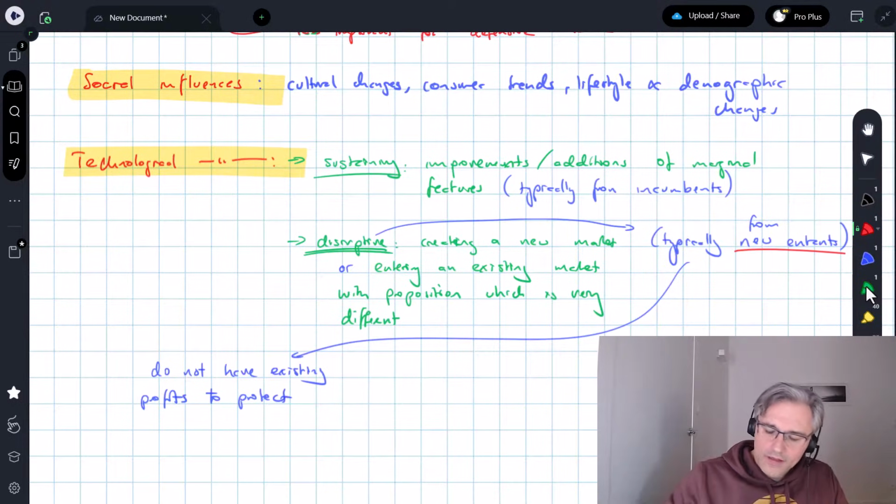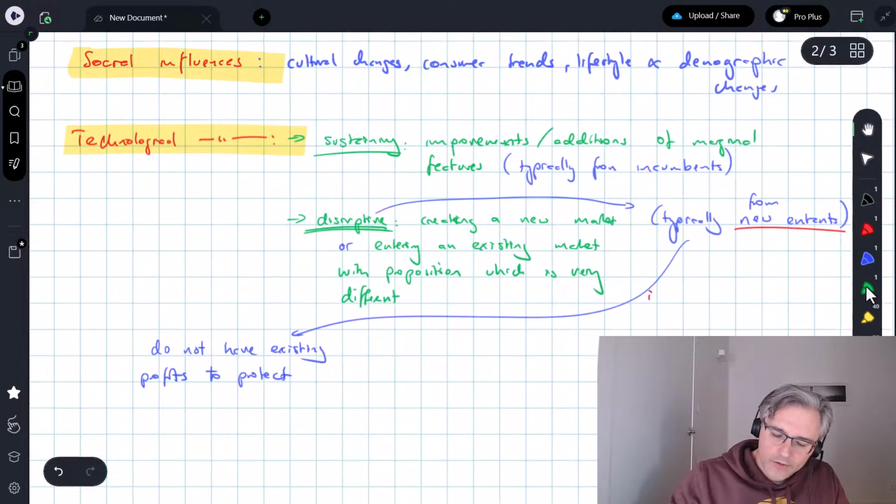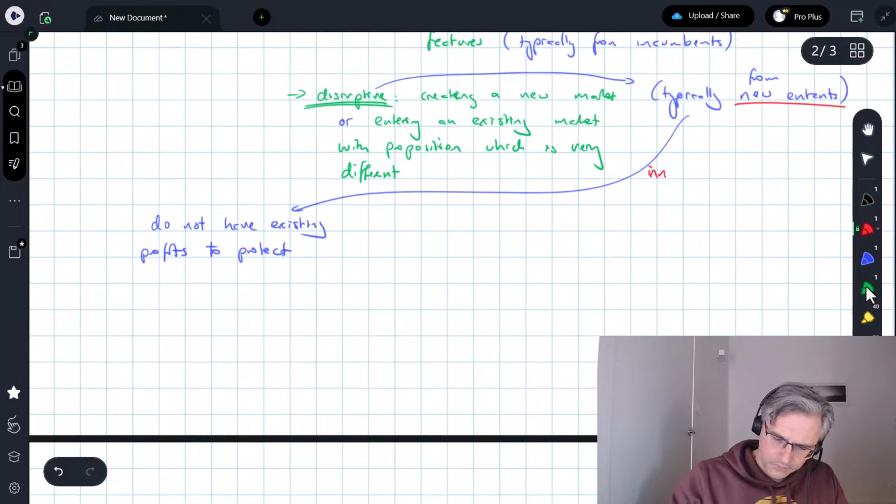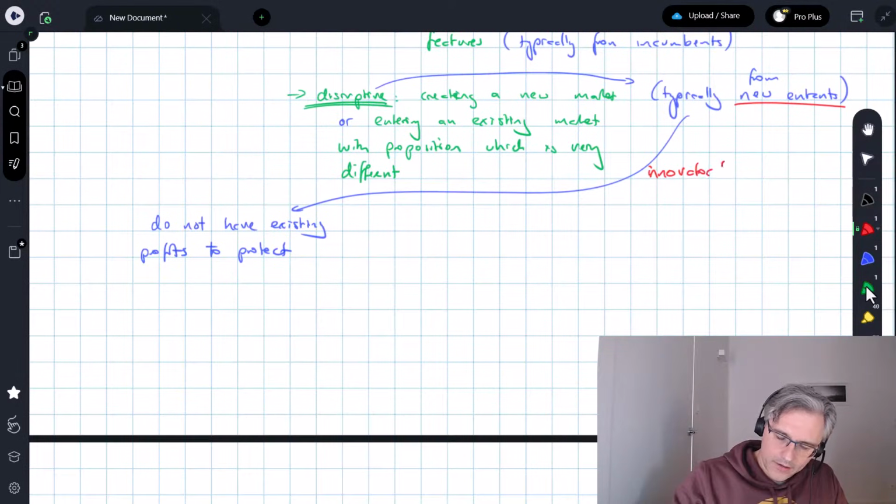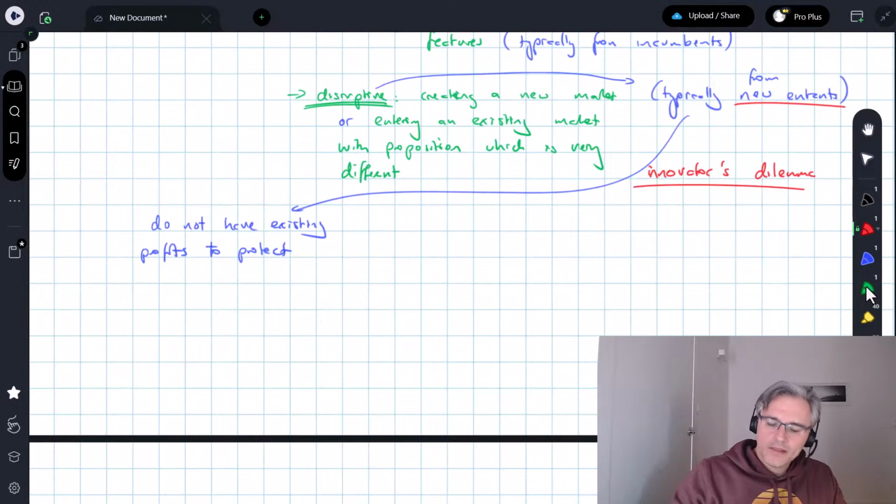And in association with this, please be aware of the concept of the innovator's dilemma. And that's a concept related to the incumbent, somebody who's already in the industry.